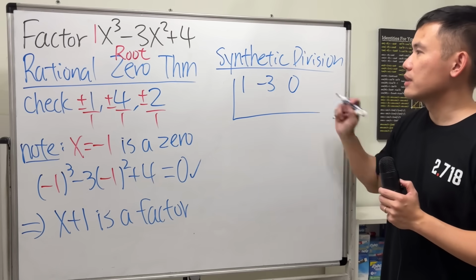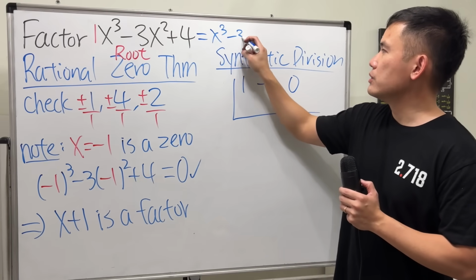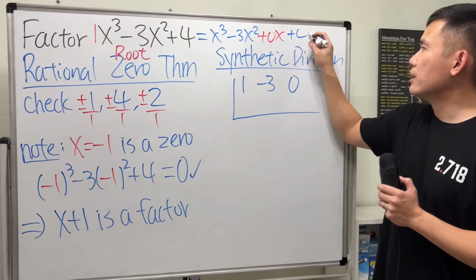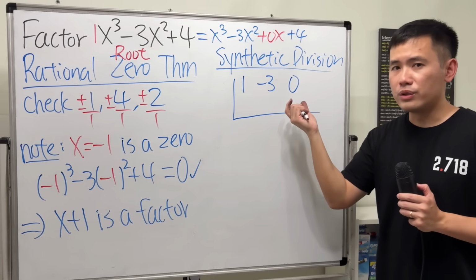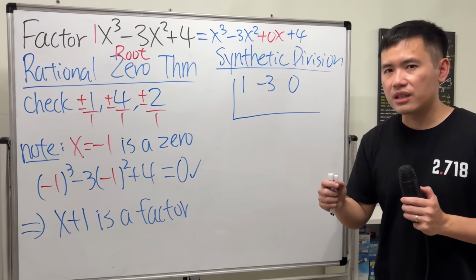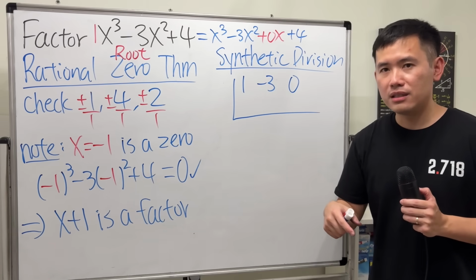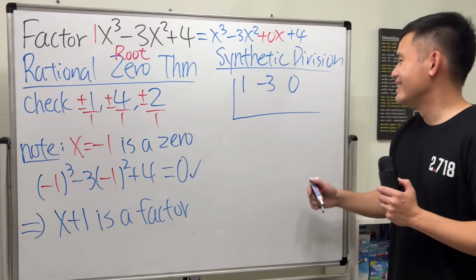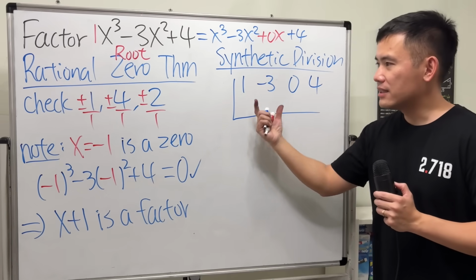You will need to put down the 0. This is the same as x cubed minus 3x squared plus 0x and then plus 4. We must have the 0 here. It's like a placeholder. It's like if you have to write a check for $1,008, you don't just put down 1 and 8. You have to put down 1008. Lastly, the number 4. So that's the setup.